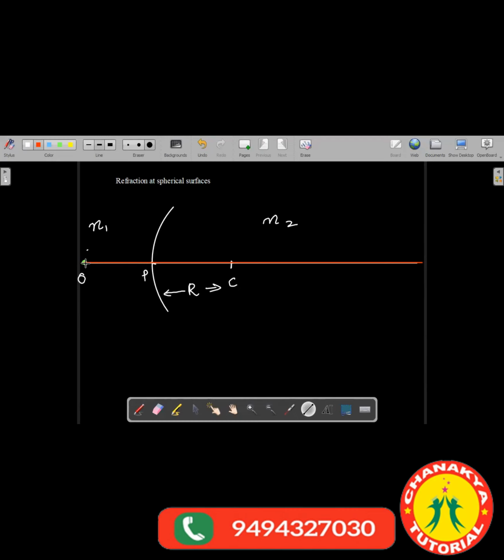The second ray of light passes at any angle, let's say at a certain angle alpha. Now we will find its bending.